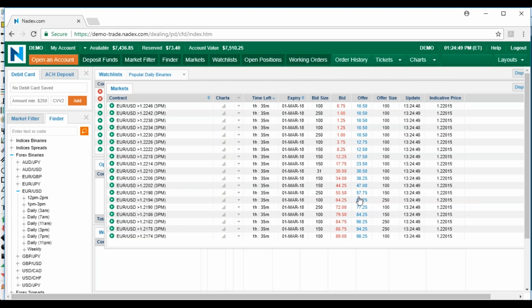We just talked about it. When the market and a strike price are right about the same, the binary is priced at what? About 50 bucks.